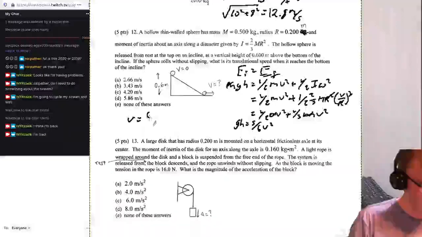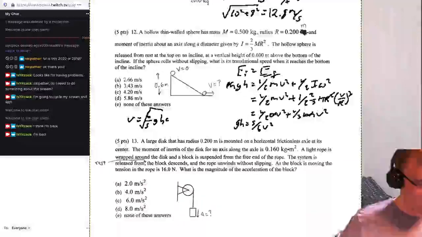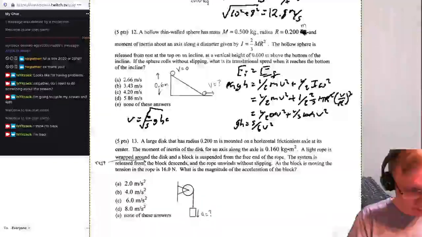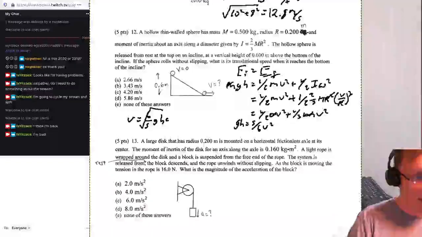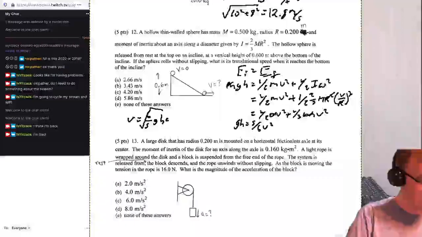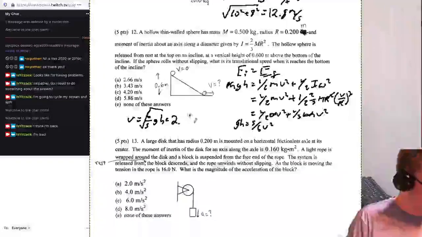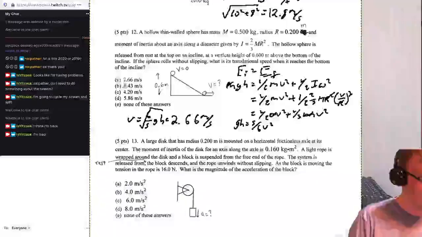V is equal to the square root of 6/5 gh. 6/5 times g, 9.8, times our h of 0.6. 2.66 meters per second.